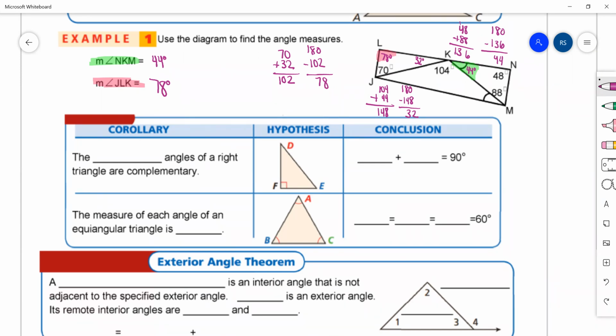So if we're talking about a right triangle, the acute angles in a right triangle are complementary, meaning that angle D plus angle E give us 90 degrees. Because we already have one 90-degree angle right there.